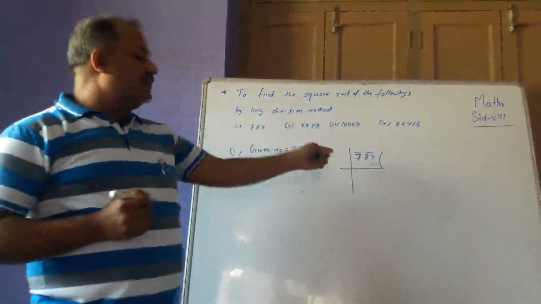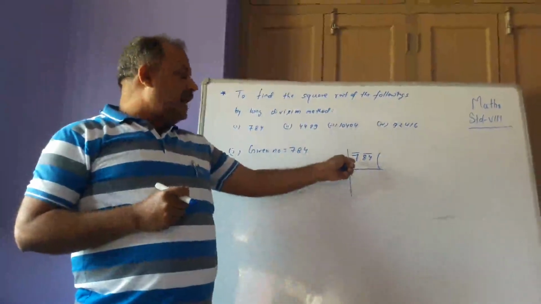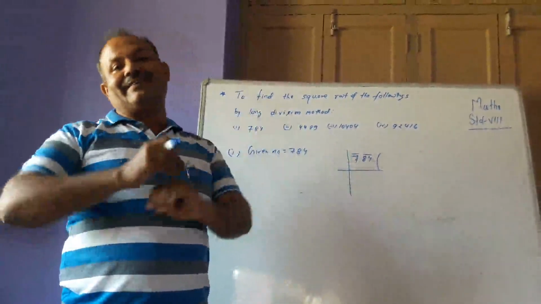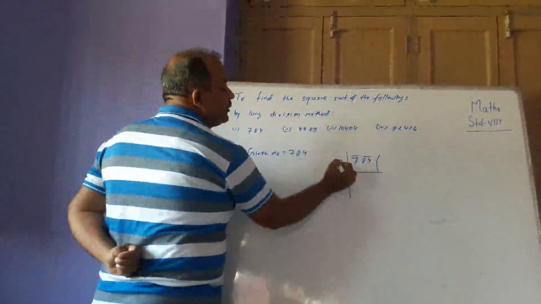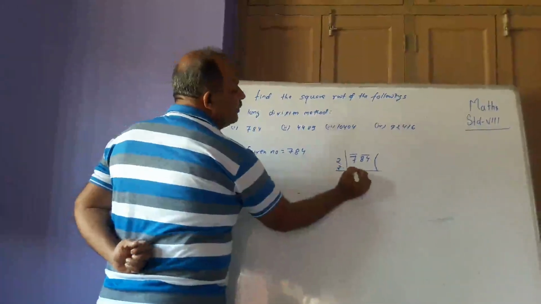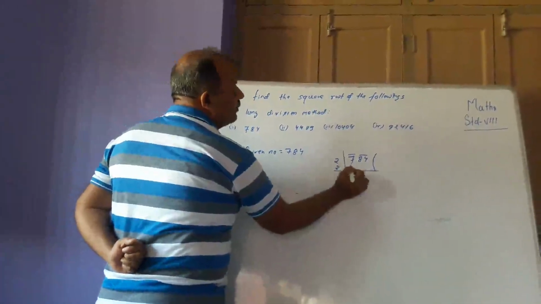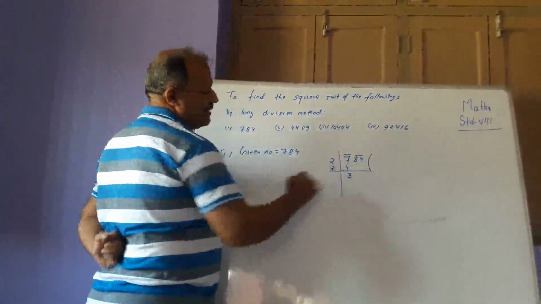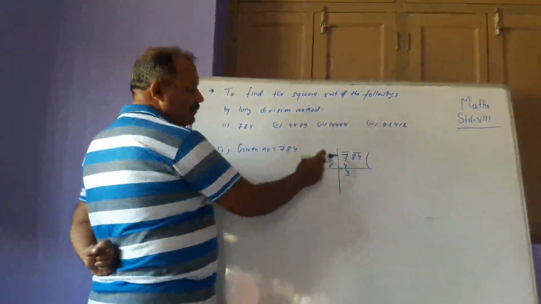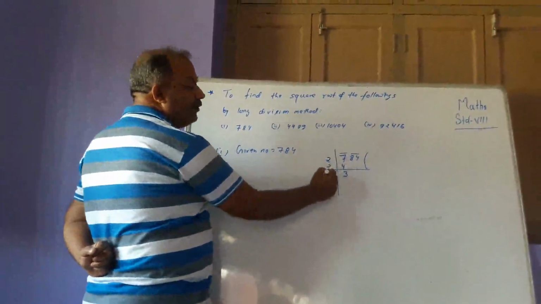Now we have to search a number whose square is just before 7, and it will be 2. When 2 is multiplied by 2, it will give 4, and this will give 3 on subtracting. You have to add these 2, 4.